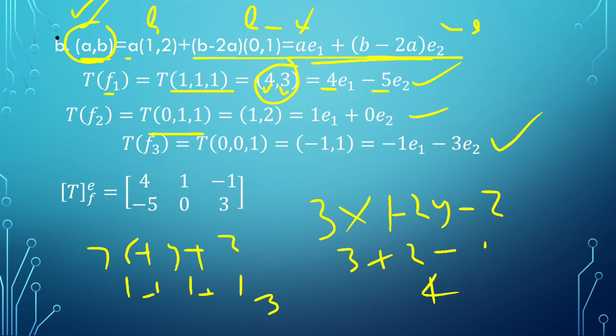So how do you arrange this? Every base, F1, gives you a column. So therefore 4, negative 1, as you can see there. 1, 0, 1, 0. Negative 1, 3. Negative 1, negative 3.